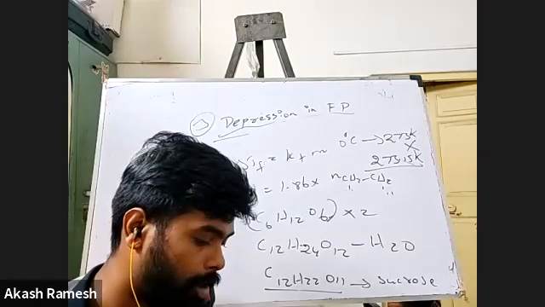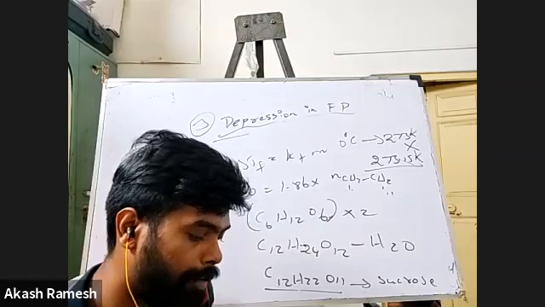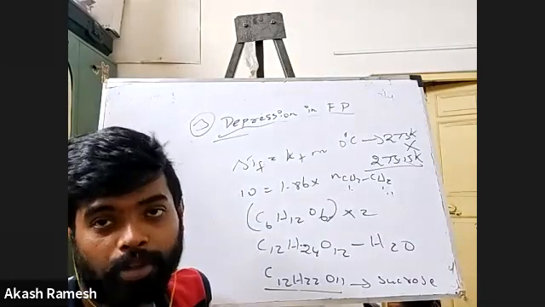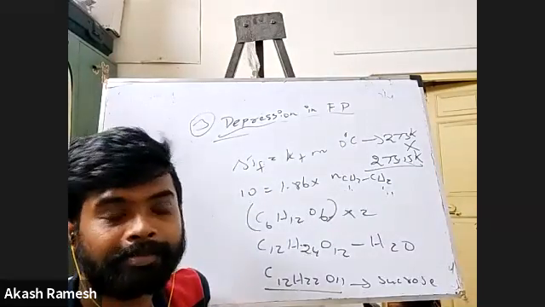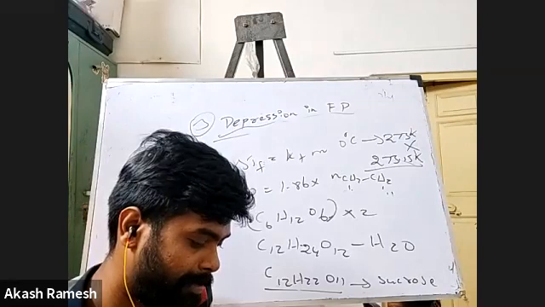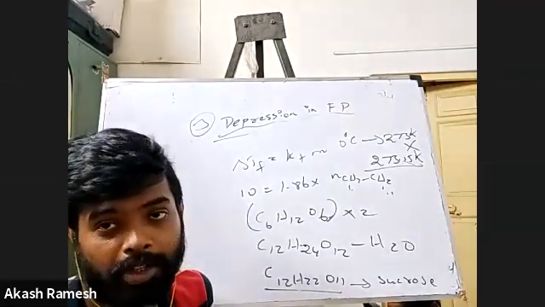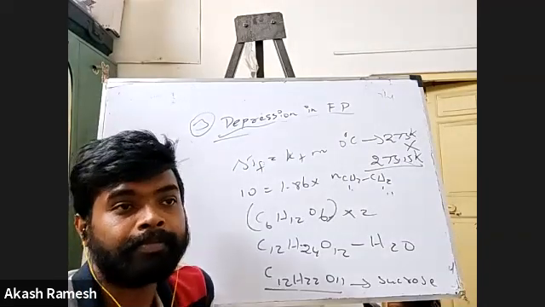And what is the KF? KF is not given in the question, that means you have to do something about it. And that is not useful actually in this question. KF is not useful.